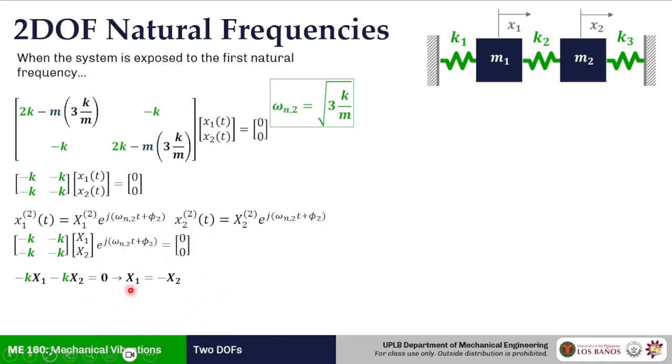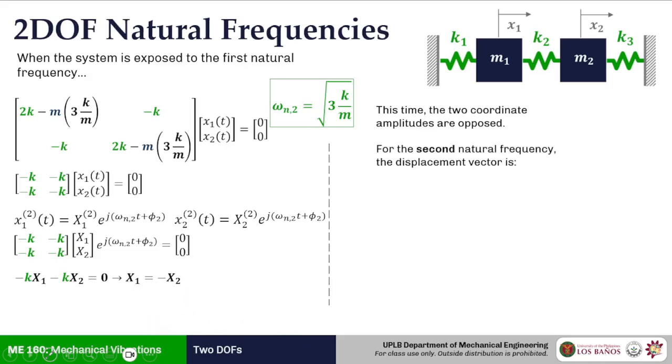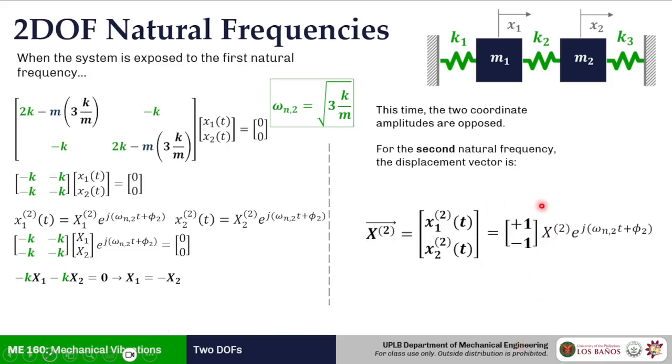So when x1 moves 5 millimeters to the right, x2 will move the same magnitude but in the opposite direction. So you'll have this kind of relationship between x1 and x2, and this is your second mode shape. This is the shape of your vibrational pattern when it is exposed to the second natural frequency.